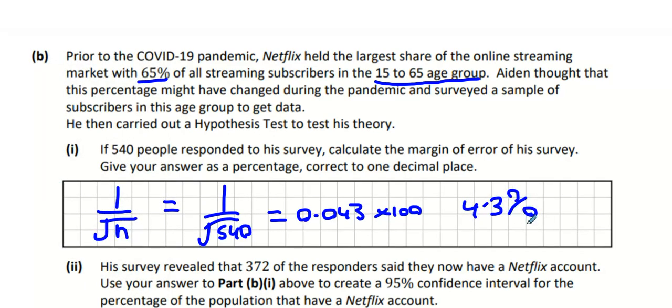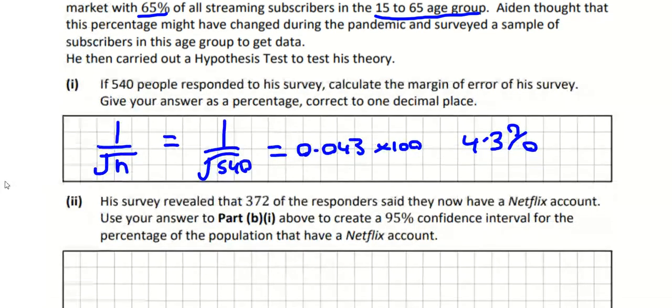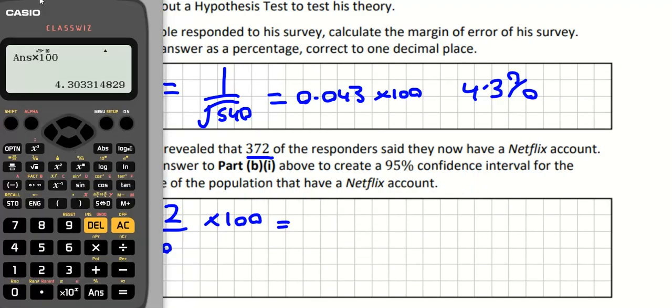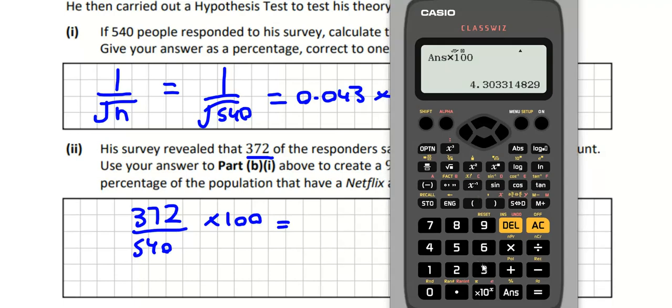Okay, so that much. Now, his survey revealed that 372, so that's 372 out of the 540 that he interviewed. So what percentage of people is that? We're supposed to say they now have a Netflix account. So we're going to get our 372 divided by our 540.